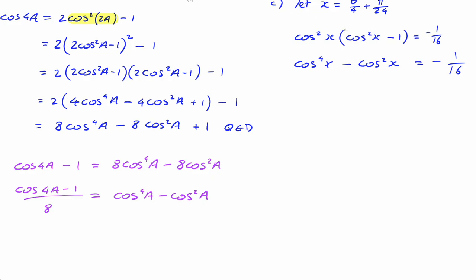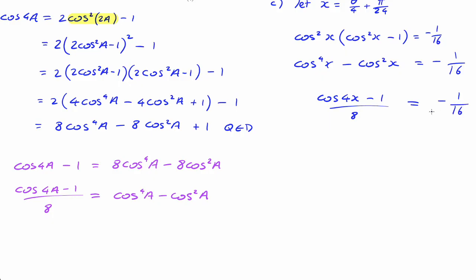Okay, now this here is going to nicely fit over here. So I'm going to call this cos 4x minus 1 over 8 equals, so that's this, but instead of my cos to the 4x minus cos squared x, I'm putting that, guys, just so we're clear. That equals minus 1 over 16.